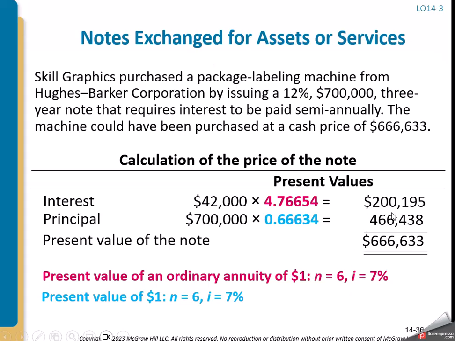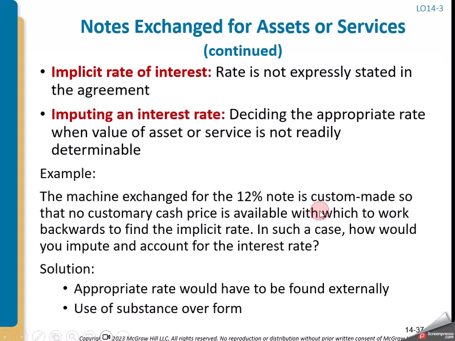So again, it's the same computation. I would use, again, Excel or the financial calculators to get to that present value. But then that's what we would record it at, is at that present value amount. Okay.